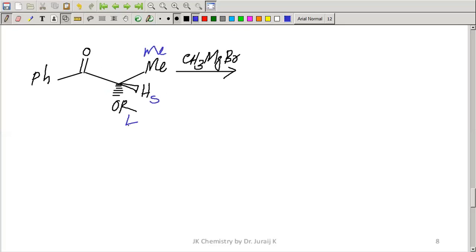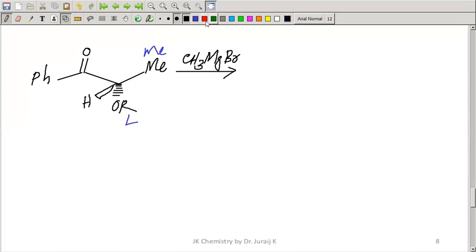Now the problem is that your large group is not in the plane of paper. First of all, you want to convert your large group or heteroatom into the plane of paper. Then only you can predict whether the given compound is syn or anti. In order to convert this OR into the plane of paper, you have to do a rotation.